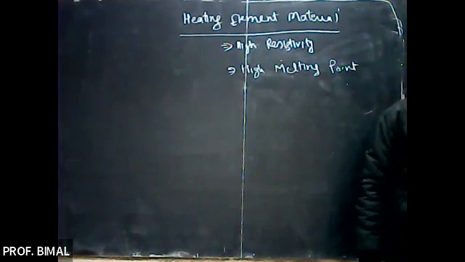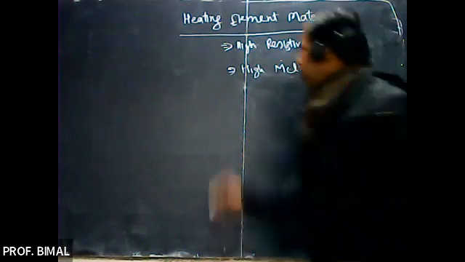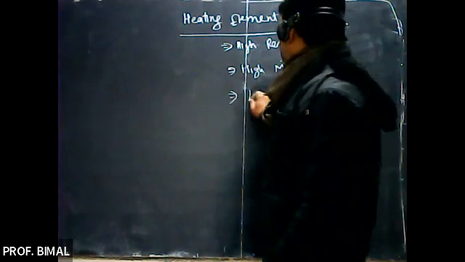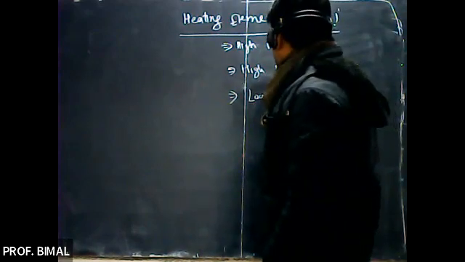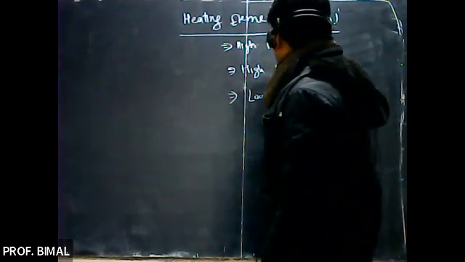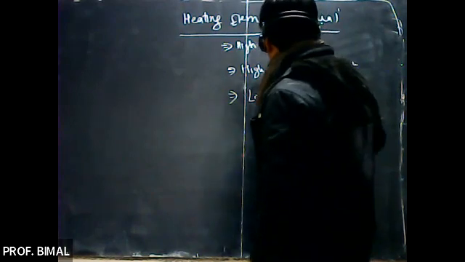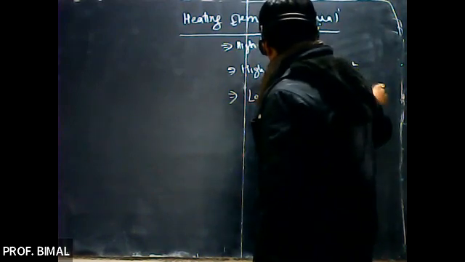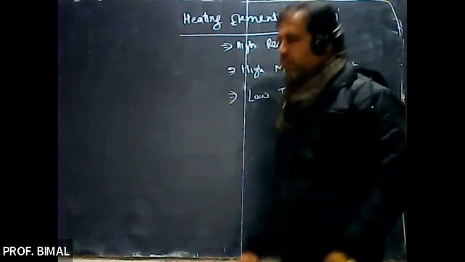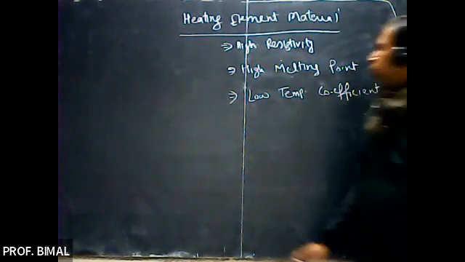Then another property that I need is low temperature coefficient, right? So what does this mean? Here I am talking about alpha.